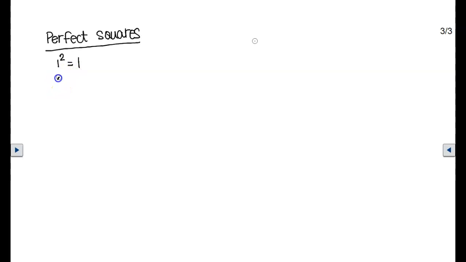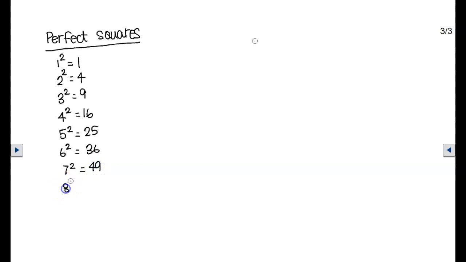We know that's 1. 2 squared is 4. 3 squared is 9. 4 squared is 16. 5 squared is 25. 6 squared is 36. 7 squared is 49. 8 squared is 64. 9 squared is 81. 10 squared is 100.